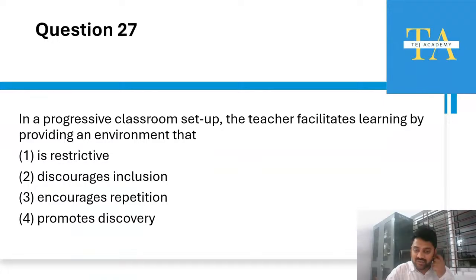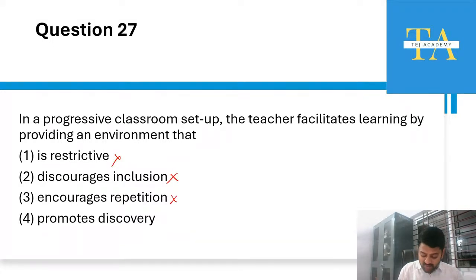Next, question number 27. In a progressive classroom setup, the teacher facilitates learning by providing an environment that is restrictive? No. That discourages inclusion? No. That encourages repetition?